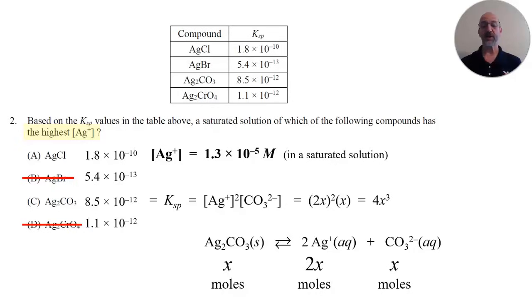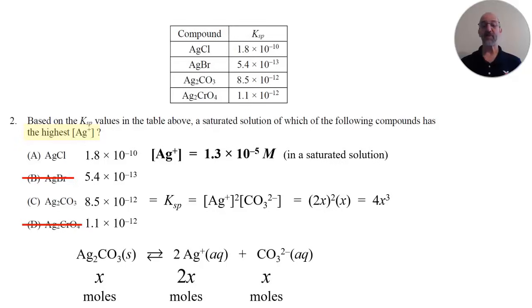Well, now I have to do the math, but you can see I'm not simply taking the square root of the KSP, which is what I had done for choice A. So I'm going to take the KSP, which is 8.5 times 10 to the negative 12. I will divide by 4, and then I have to take the cube root to solve for x. So when I pick up my calculator, it's going to be 8.5 times 10 to the negative 12 divided by 4.